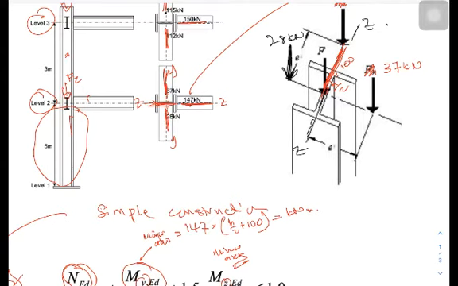The value of MZED is 37 minus 28 multiplied by the eccentricity, and the eccentricity here is 100 plus b over 2, that is, b over 2 plus 100. That is what we call MED.